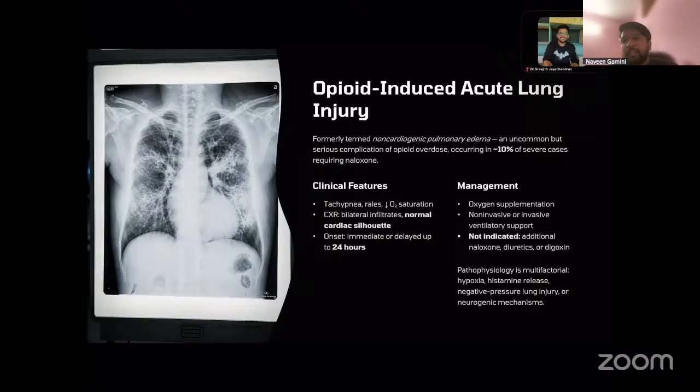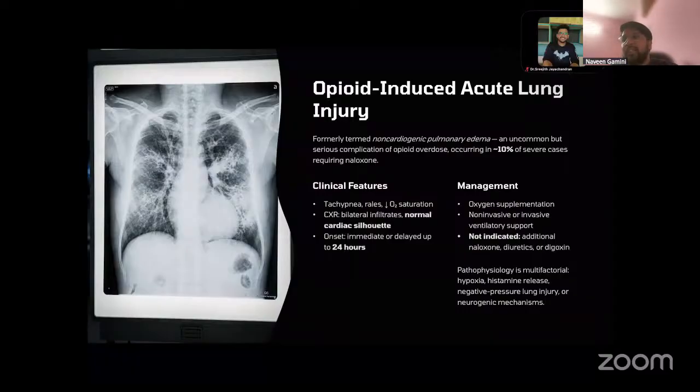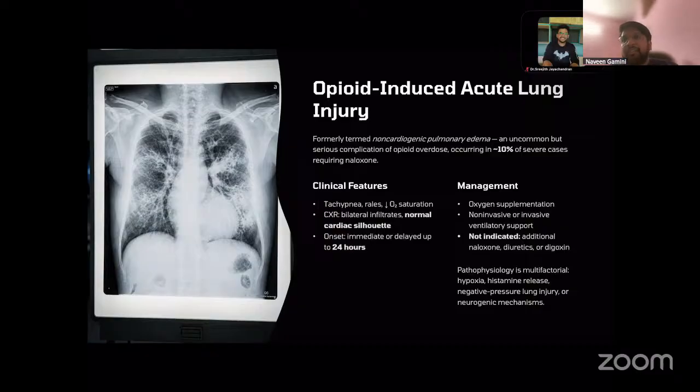So what is the management in such a case? First thing, as the patient will have reduced oxygen saturation, you start with oxygen supplementation. And understanding the pathophysiology of pulmonary edema, we can better aid with non-invasive or invasive ventilatory support. But more importantly, you need to understand that giving additional naloxone beyond the standard dosing, or giving diuretics or digoxin, are not required in this condition.